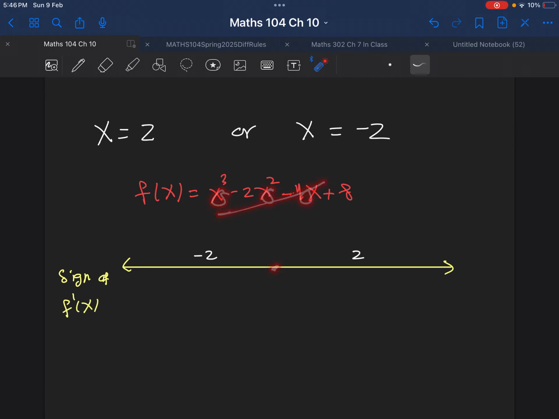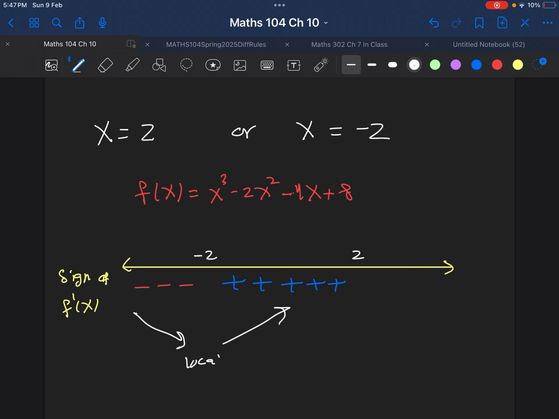First of all, if you take 0, it will be positive here. Now take a point less than minus 2. I will choose minus 3. So you substitute minus 3, and it will be negative here. So we have decreasing, then increasing. So here we have a local minimum. And now if we choose a number greater than 2, for example 3, and substitute it, the answer will continue to be positive.